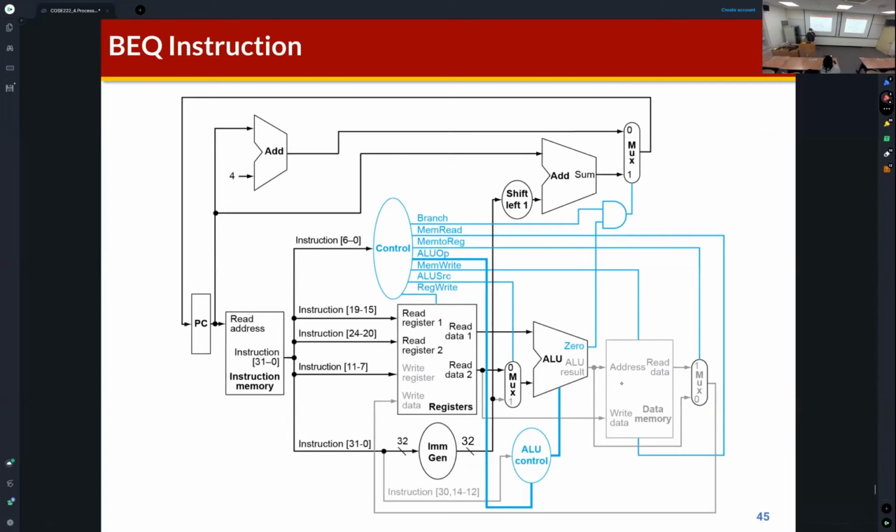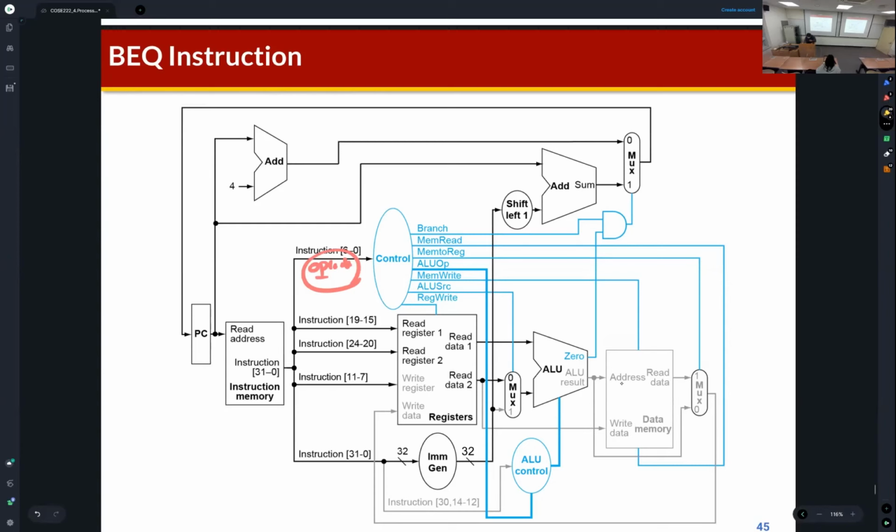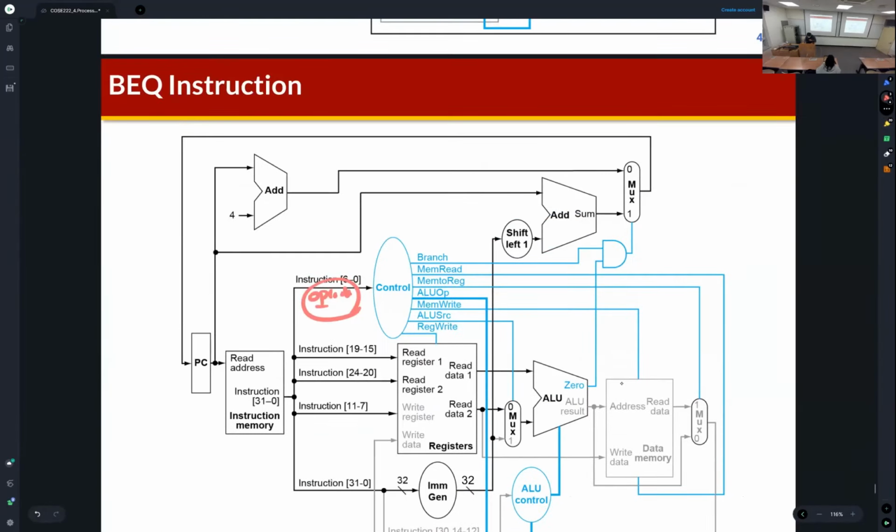Then how about the branch instruction? The opcode field of the branch instruction is equivalent to the control. When the branch condition is true, if we look at this multiplexer, one of its inputs is connected to this adder.